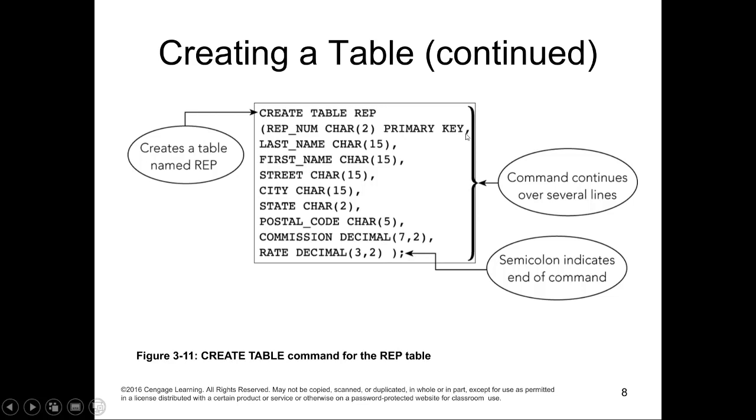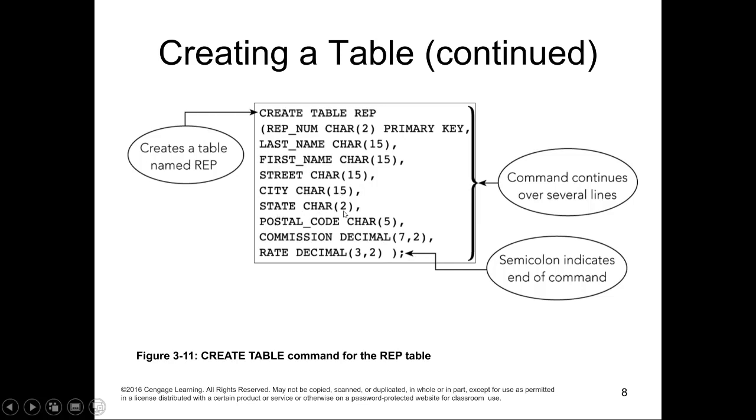It's going to drive you nuts, but you'll figure it out and you'll get used to that. And so here's the next column, last name, char of 15 characters wide. We've got a first name, char also 15 characters wide. A street, char 15 characters. City, char 15 characters.